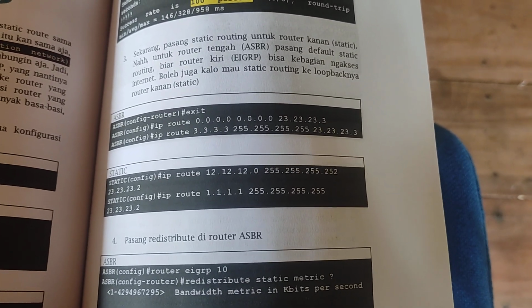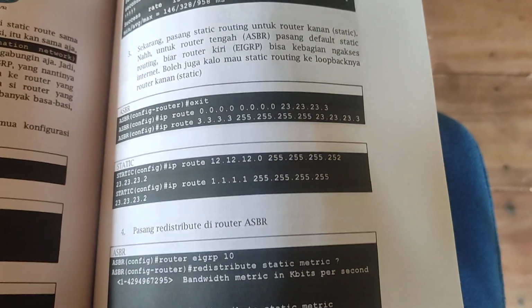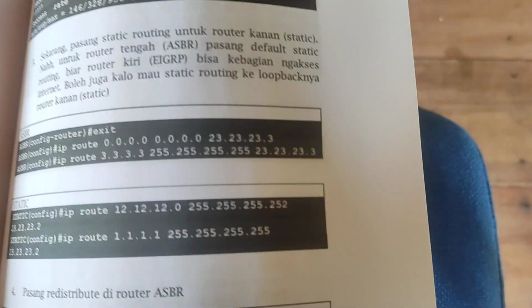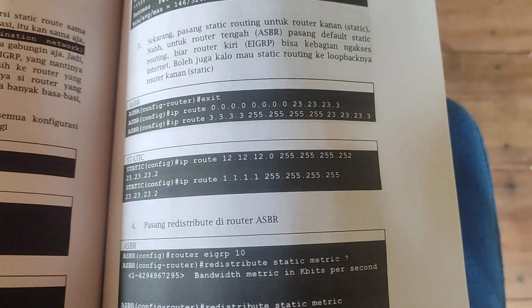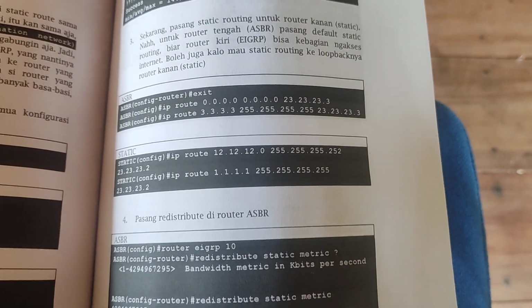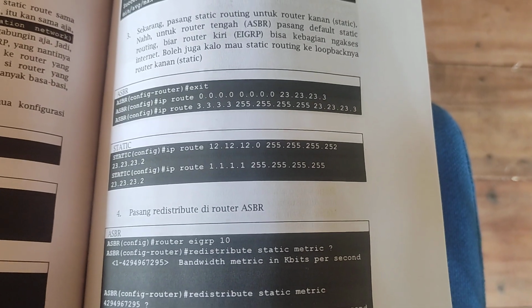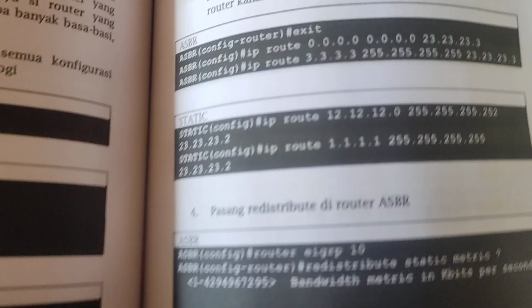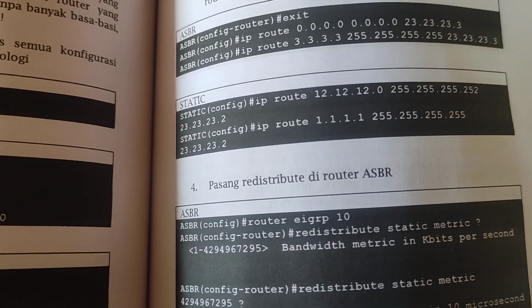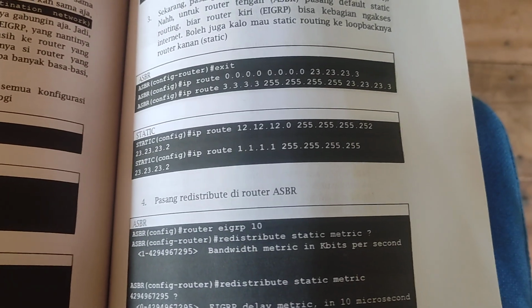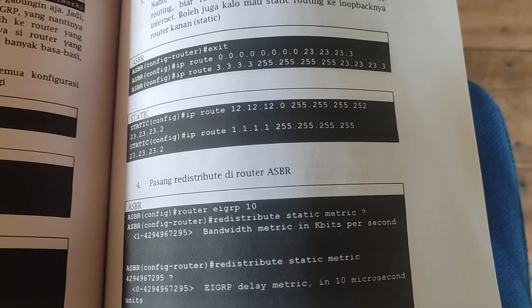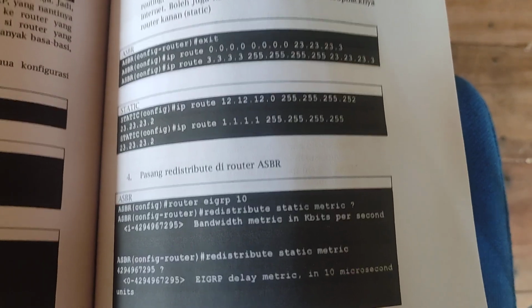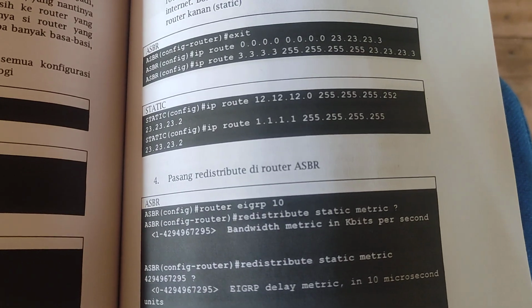And then on the static router, IP route 12.0 with subnet mask 255 and the IP address 23.2, and again IP route 1.1.1.1 with subnet mask 255 and the IP address 23.2.